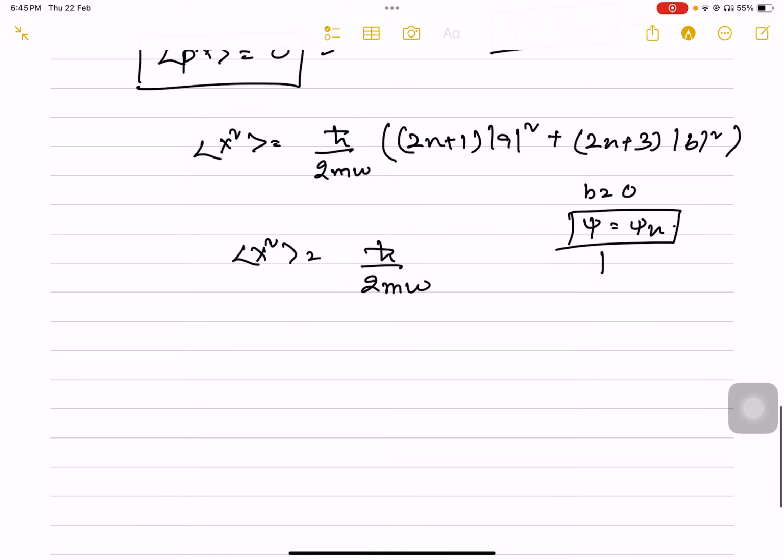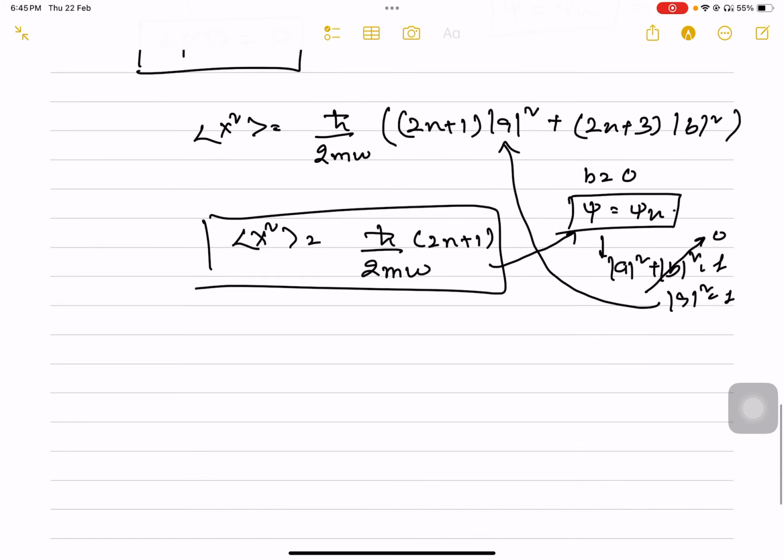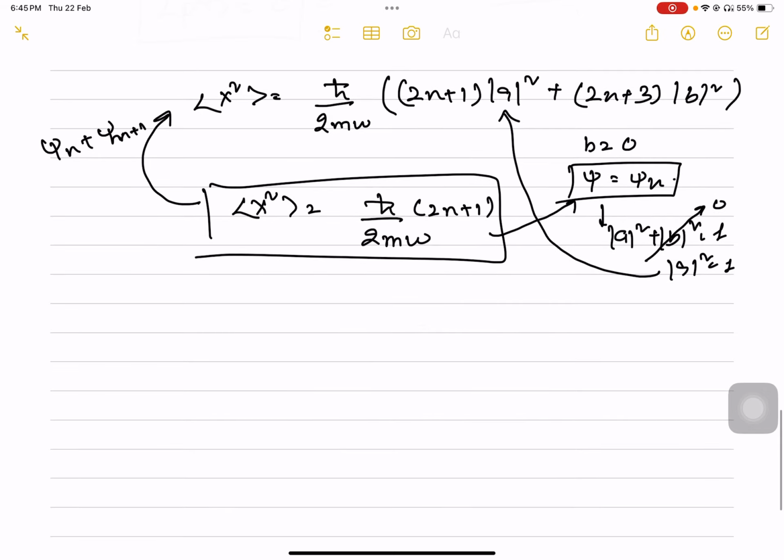Also I told you one thing: a square plus b square equals 1. If b square equals 0, a square equals 1, so this would be 2n plus 1. This is the average of x square for the psi n state; the other is for psi n plus 1.